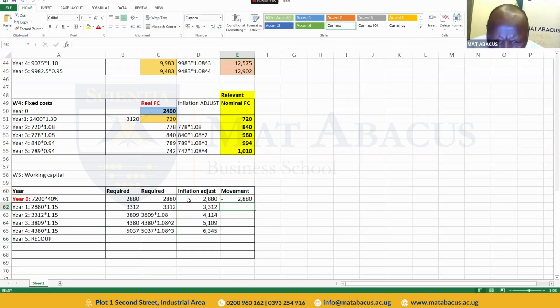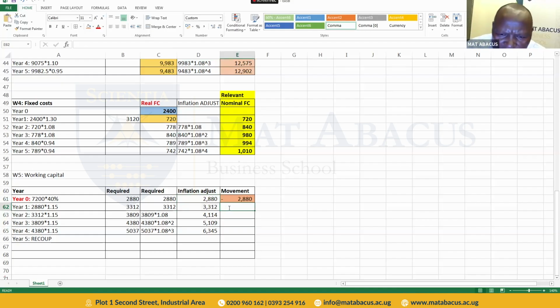Now, the very first one in year 0 is the movement. That's what you want to take to your NPV table. But now when you look at these two figures, the one you have adjusted for inflation, of course I brought them here, there was no inflation there. This figure and that, it is increasing.